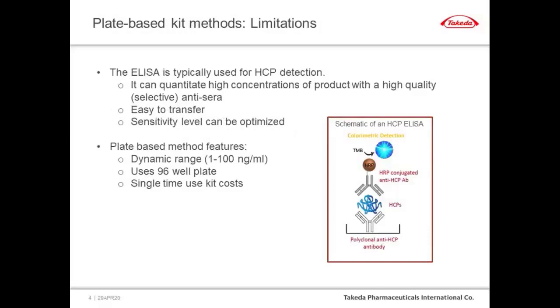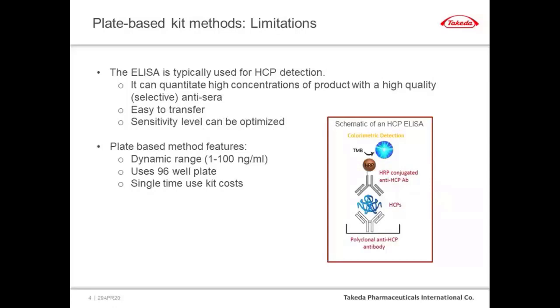So when it comes to measuring these HCPs, plate-based kit methods are used, and the assay method, enzyme-linked immunosorbent assay, ELISA, is the gold standard assay for HCP detection. It provides a measure of the immunoreactive HCP in the product.